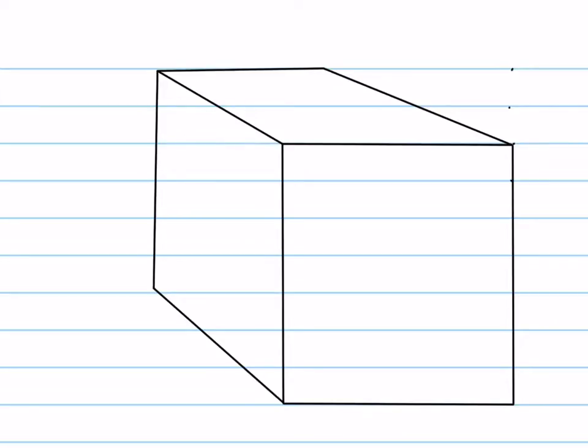So that's like your first introduction to perspective, even though we weren't really using perspective, but we just made a 3D object. But it's not really a 3D object until we add a little bit of shading.